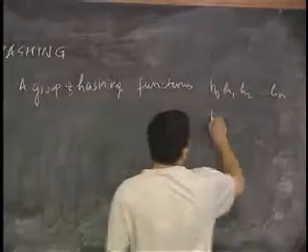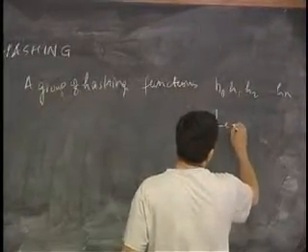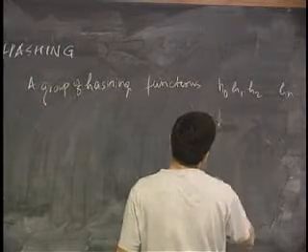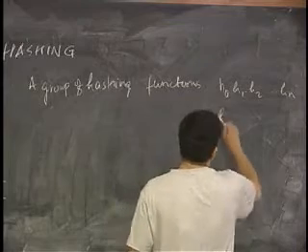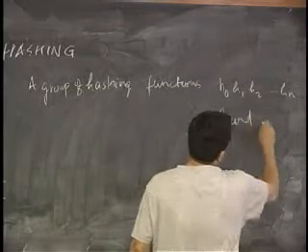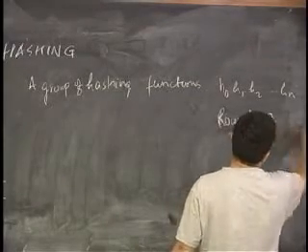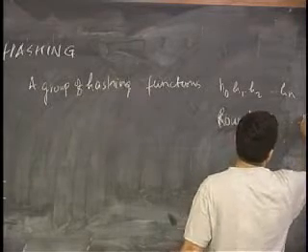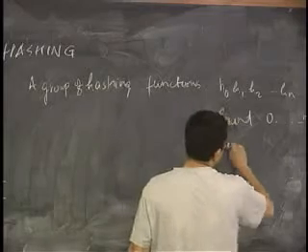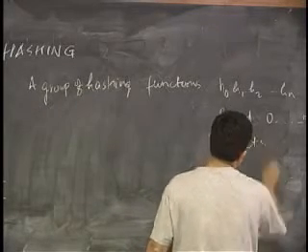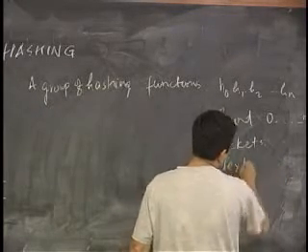Then another variable is called level, or round, from 0 to n, whatever the round number is, and then you have the buckets. And you have a variable called next.